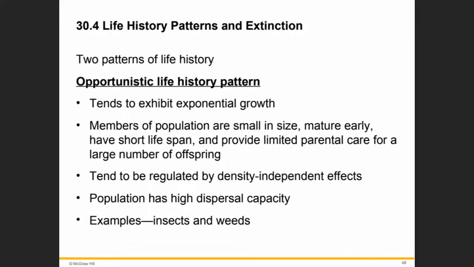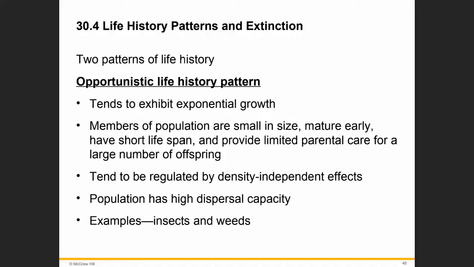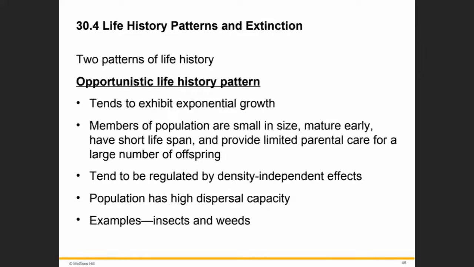Extensions: two patterns of life history, the opportunistic life history and the equilibrium life history pattern. The opportunistic life history patterns tend to exhibit exponential growth.